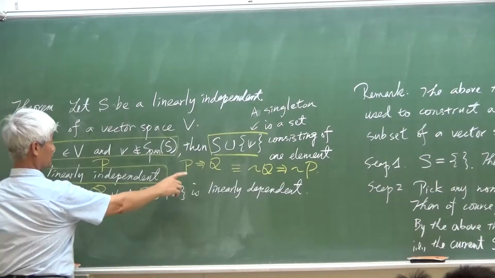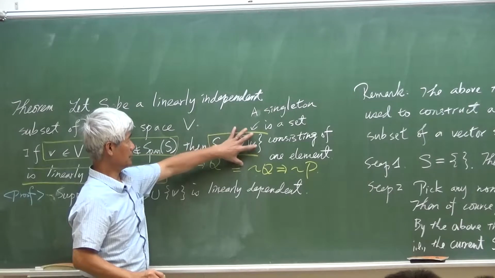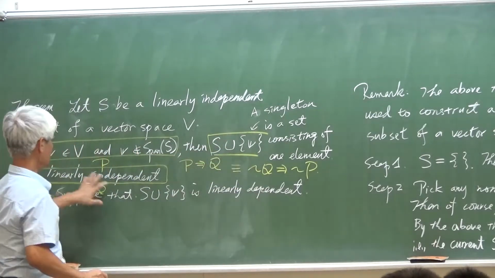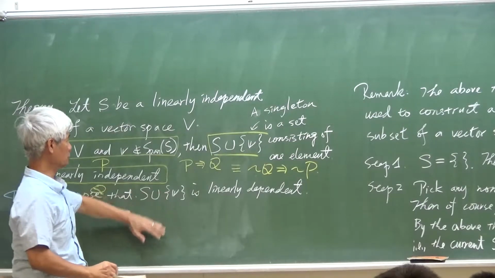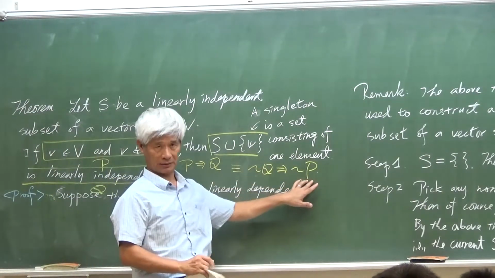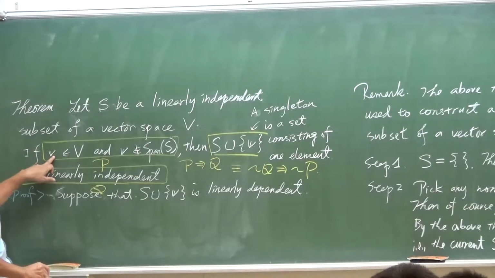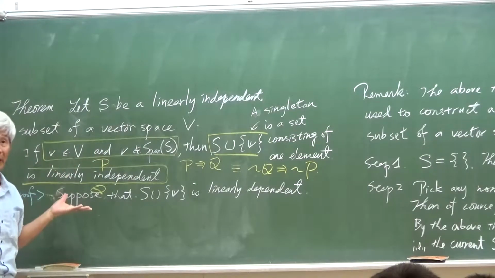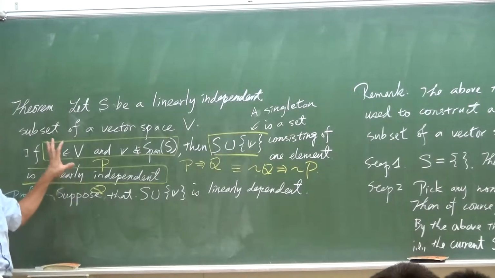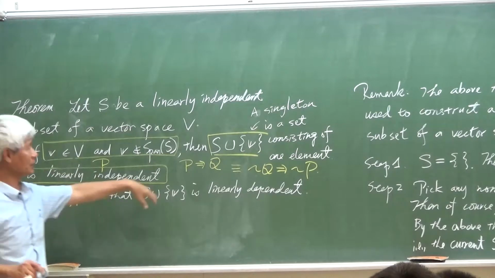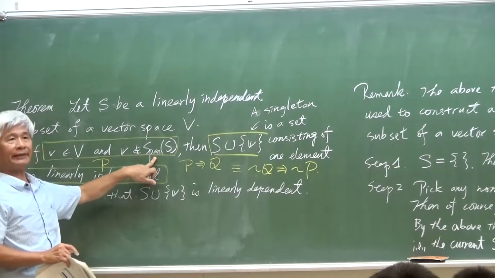Suppose not Q. Not Q means that this union is linearly dependent, and we are going to show that we have not P. Not P means either v is not in V, which is impossible because every vector must be in our vector space, so the only not P is that v is in the space.